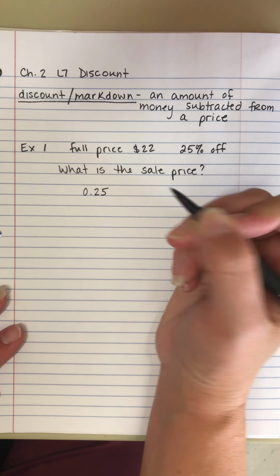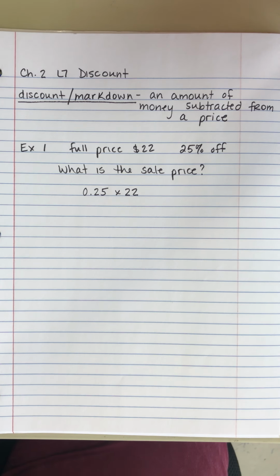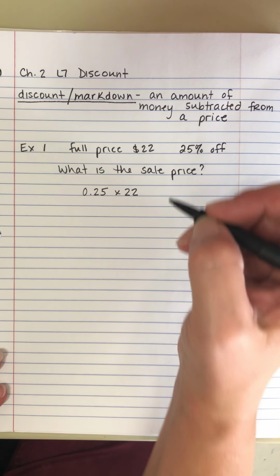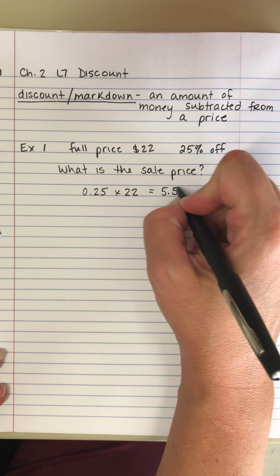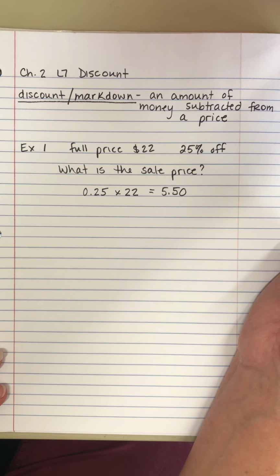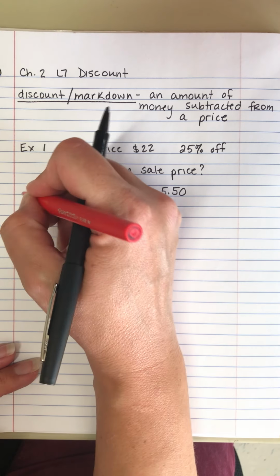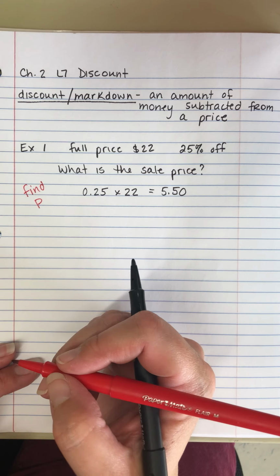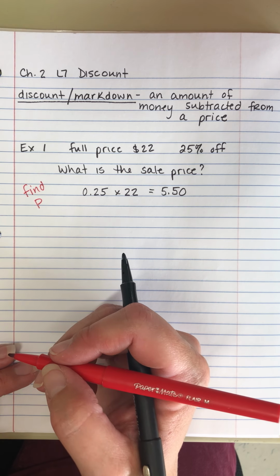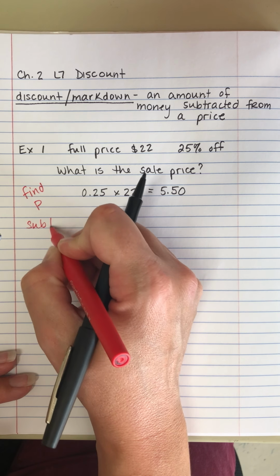So your percent as a decimal times 22 gives you a discount amount of $5.50. So what did we just do? We found the part, right? Or the discount amount. Then we're going to subtract it from the whole.